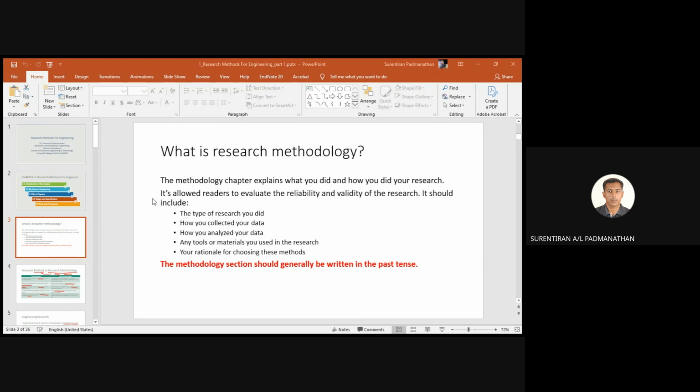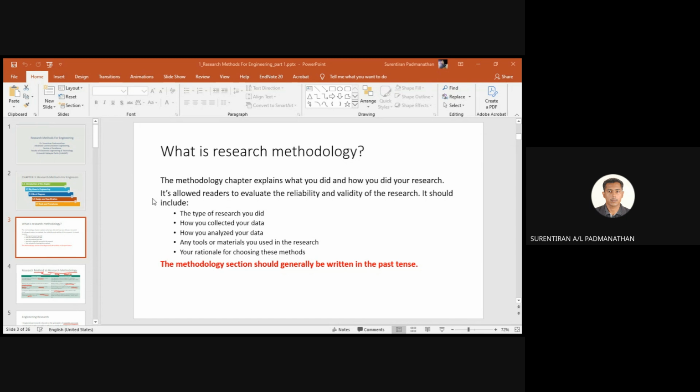So those are the gaps that you find from the literatures that will become your problem. And the objective of your project is to solve that, to solve the problems that currently exist.